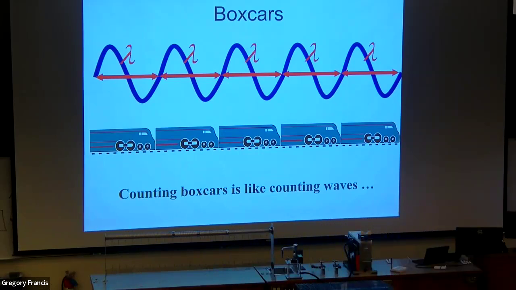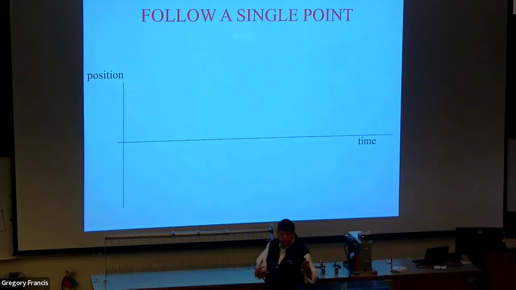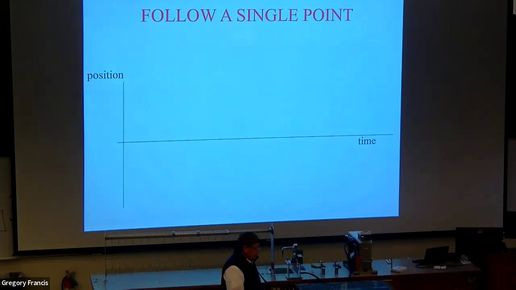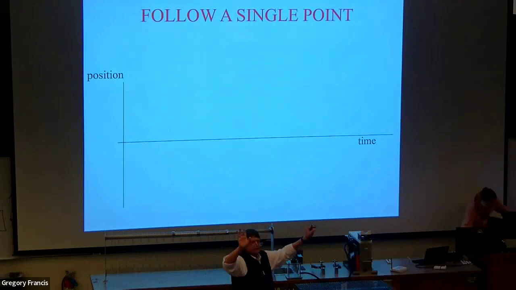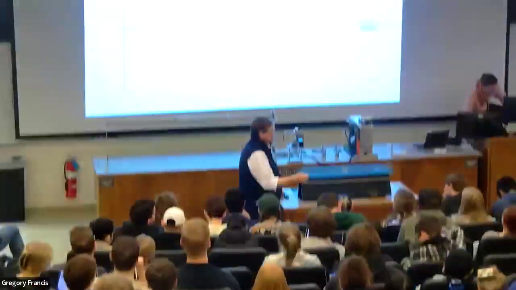Okay? Now, what if instead of taking a snapshot and freezing time, we instead freeze position by tying a little red ribbon around that rod right there and just concentrating on that ribbon? Ignore everything else, just that ribbon as the wave goes by.